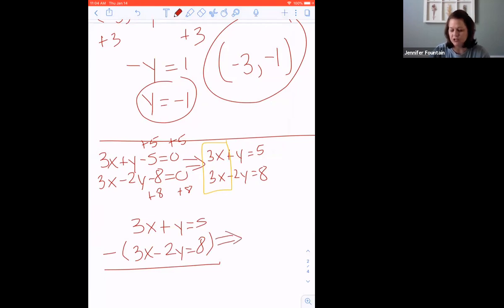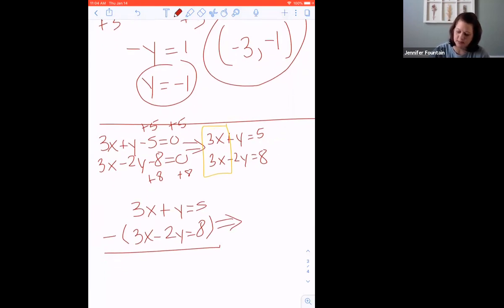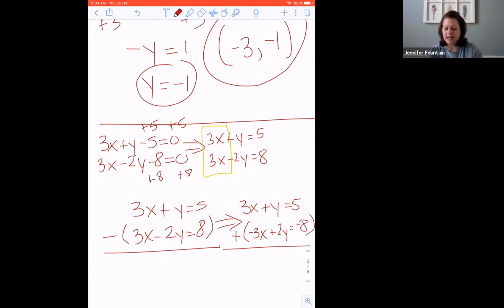I want to change to adding the opposite. So I keep 3x plus y equals 5. Now I'm going to put a plus sign and take the opposite of every term. So 3x becomes negative 3x, minus 2y becomes plus 2y, positive 8 becomes negative 8. And I can add them up now.